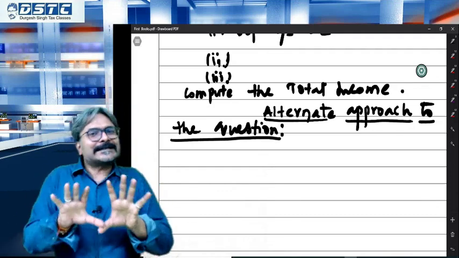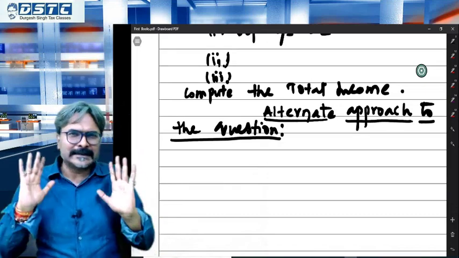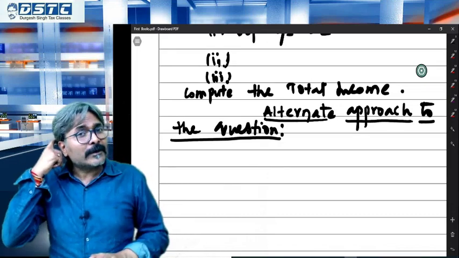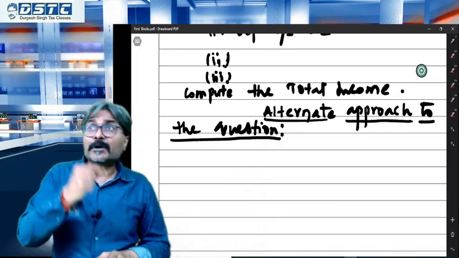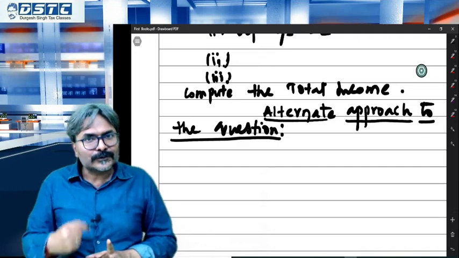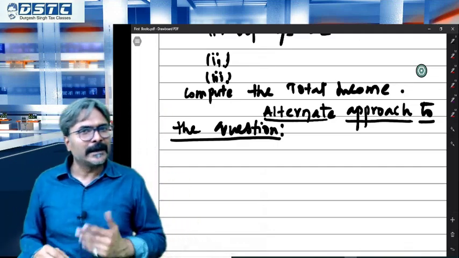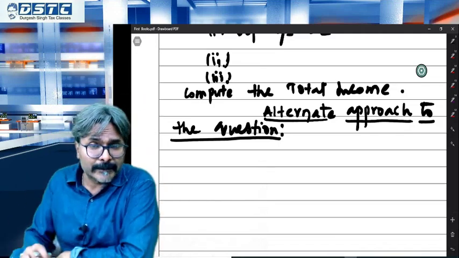But if you only understand the provisions, and keep proceeding the way every student learns, there would be a lot of confusion in the examination: I know the provision but I'm not in a position to apply it, or even though I'm solving it, a lot of mistakes keep happening, and that's where we lose our marks. So this should never happen.